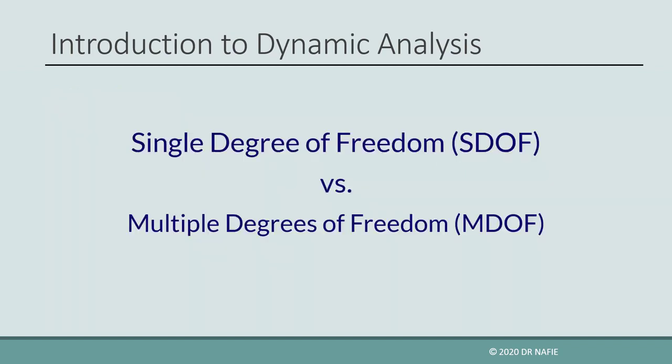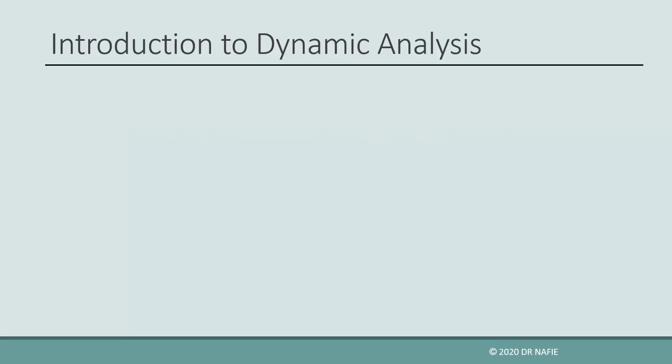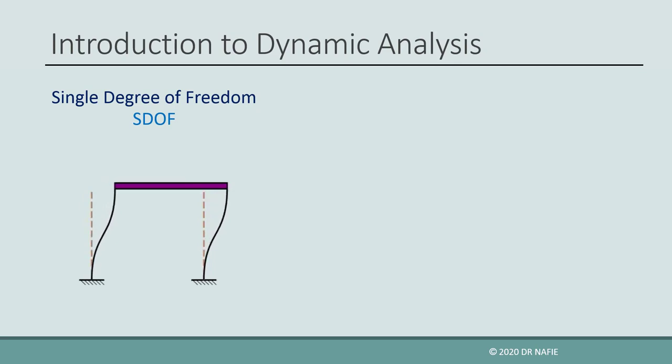Next, we will discuss what is the difference between a single degree of freedom and a multiple degree of freedom system. A single degree of freedom system has only one independent degree of freedom, such as the shown one-story shear frame. The dynamic analysis of this frame is quite simple because it only has one unknown movement.